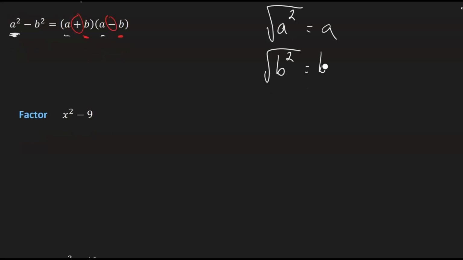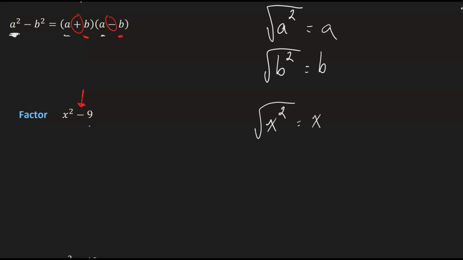So let's follow the same pattern to practice our example here. Factor x squared minus 9. The first thing about factoring using the difference of squares pattern is to make sure that it fits the pattern, and it is a difference of squares, okay? The first term is x squared, and we know that for difference of squares, we are going to need the square root of that. So what's the square root of x squared? It's just x.